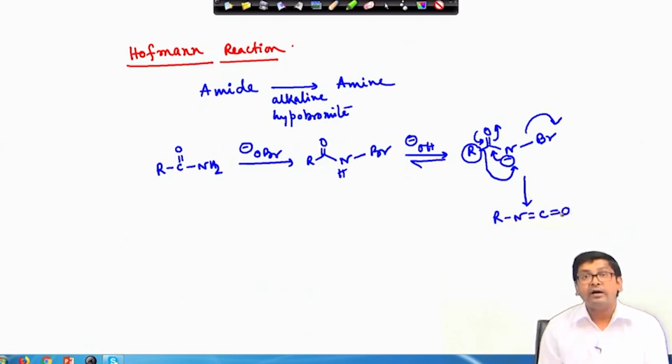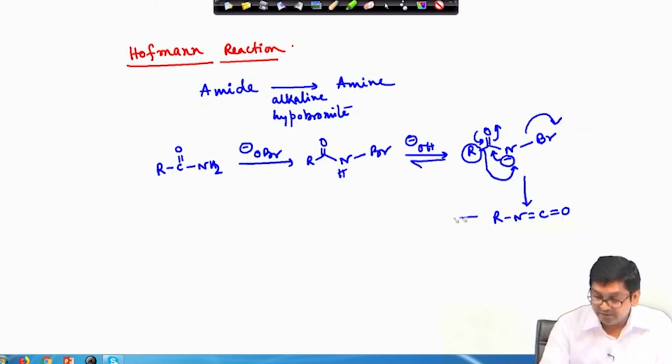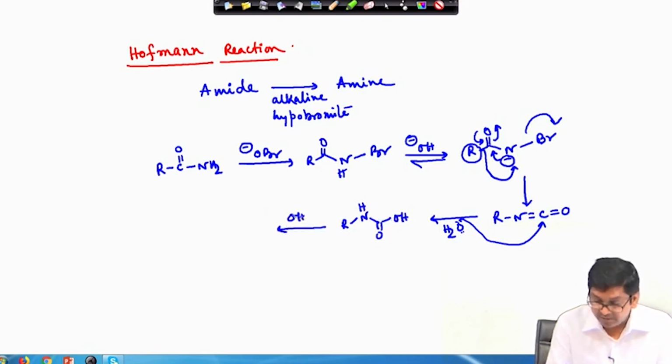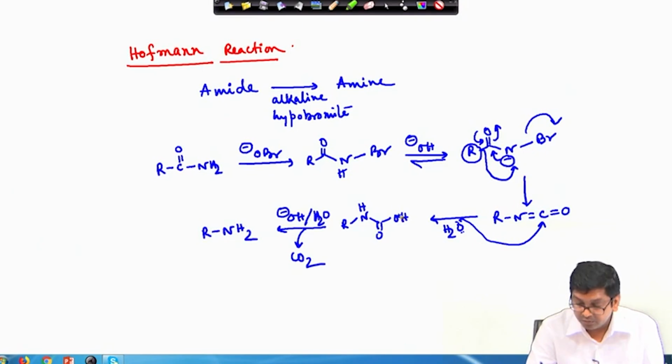You will get the very important isocyanate intermediate, and then if water is the nucleophile, it can attack this electrophilic center and give this intermediate, which again in basic condition will eliminate the carbon dioxide and give the corresponding amine.